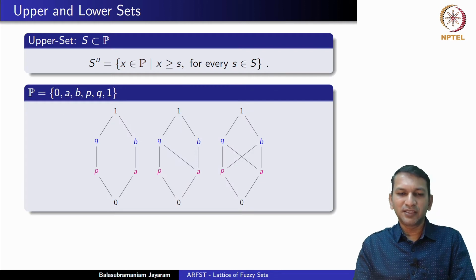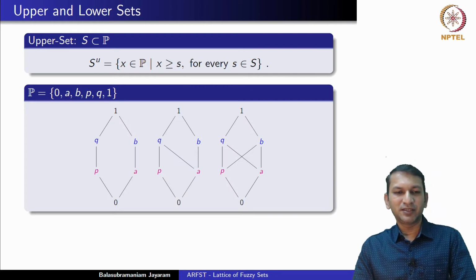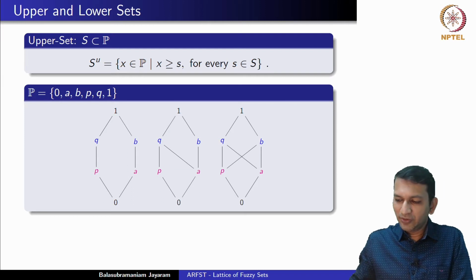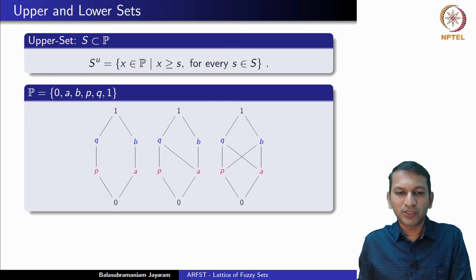Let us consider this now familiar set with different possible orderings. So essentially on the same set we have three different orderings, and hence we can consider them as three different posets. Let us now take the first poset.